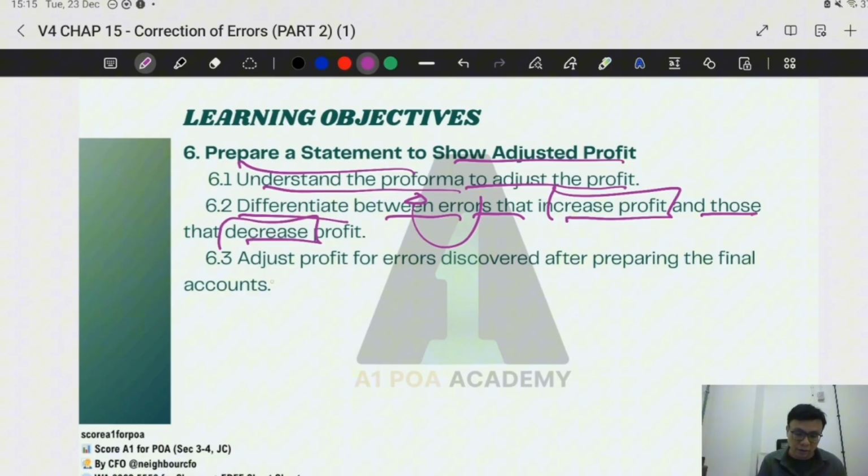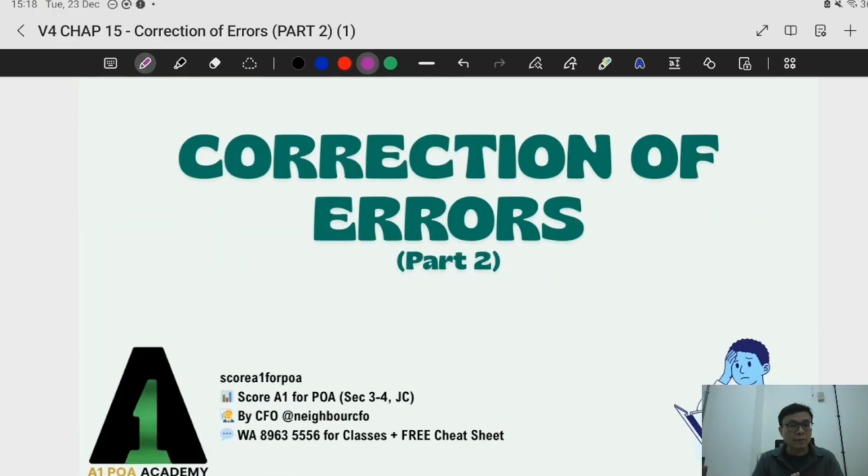And last but not least, to adjust profit for all these errors discovered after preparing the accounts. We have come to the end of part 2, corrections of errors.